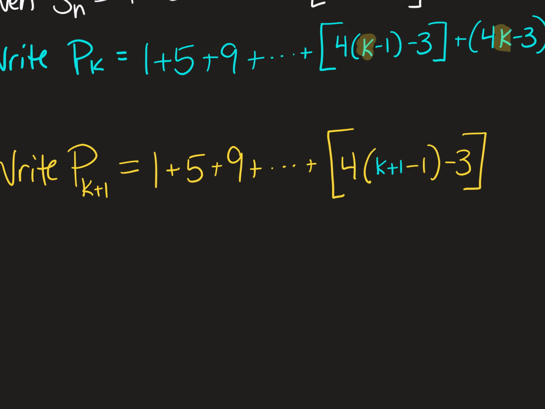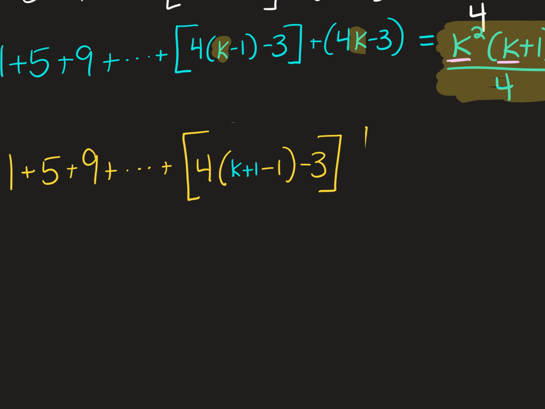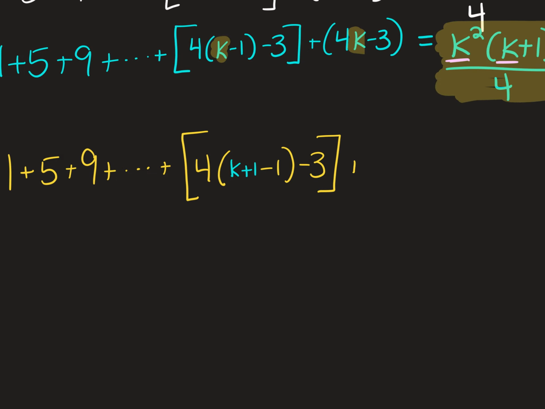So that's that first term that we see there with k in it. Okay, and then I'm going to write it for the next term as well. So plus, instead of k, I'm going to write k plus 1 minus 3.